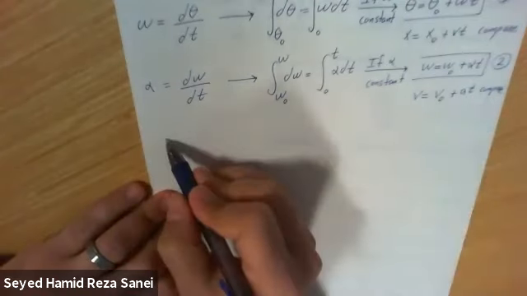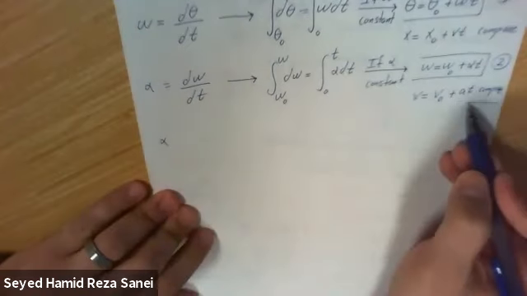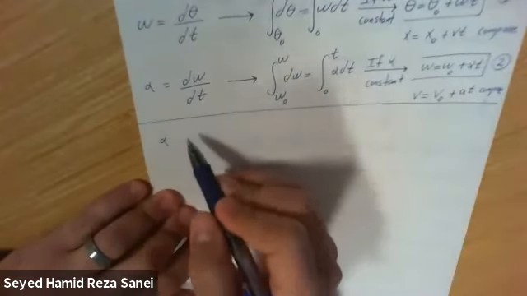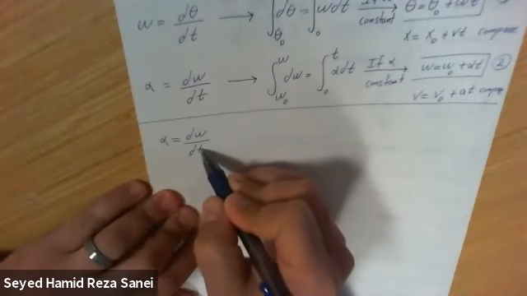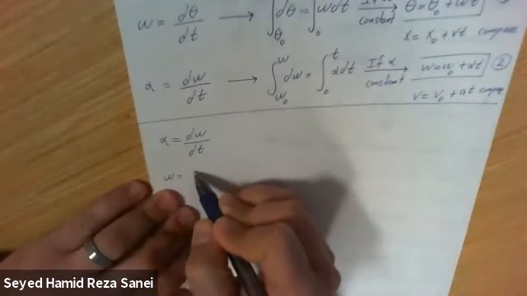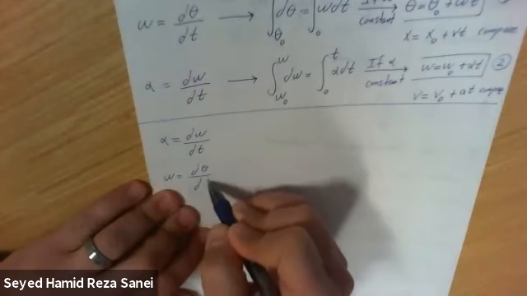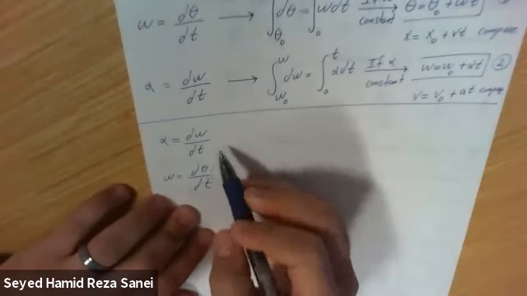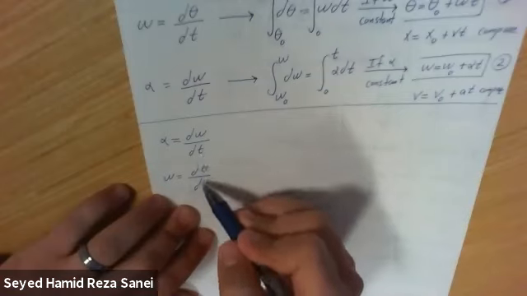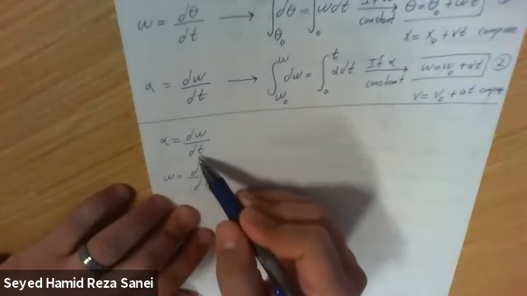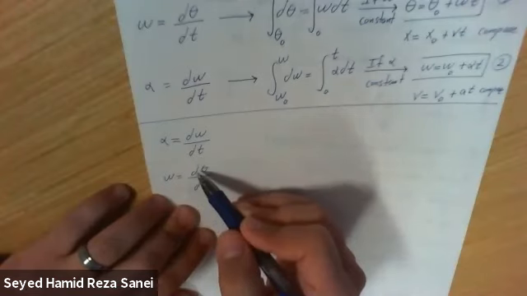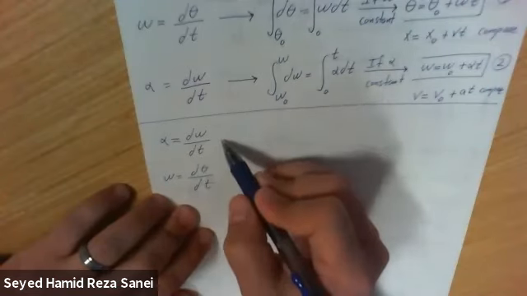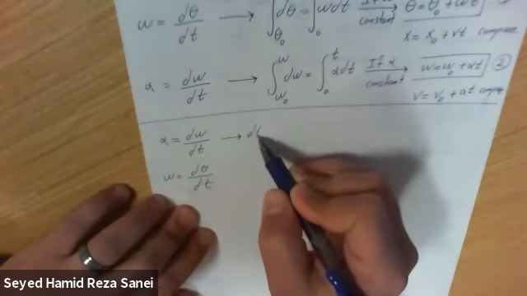We have developed two equations so far. Alpha is d omega over dt, and omega is d theta over dt, so we have time in both equations. I can find time from one equation and replace it into another one to remove time and get an equation independent of time.